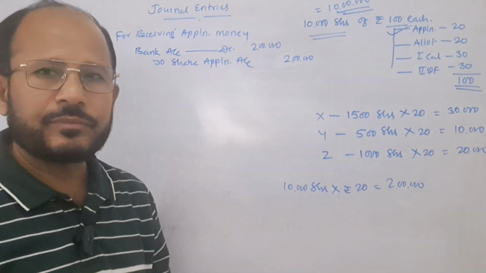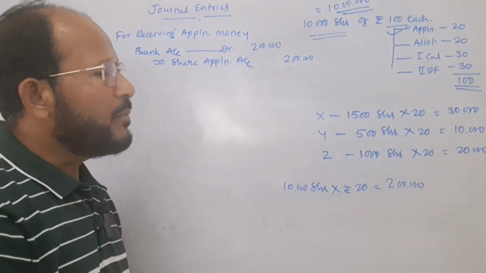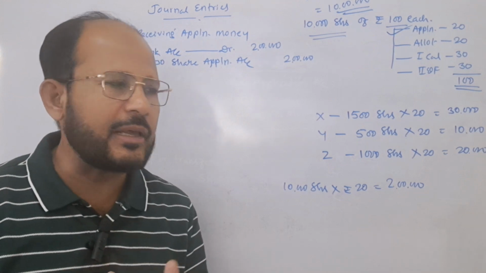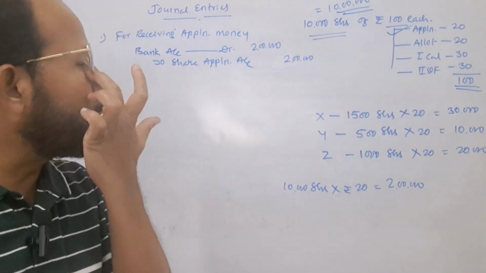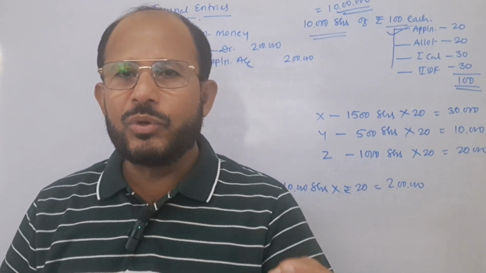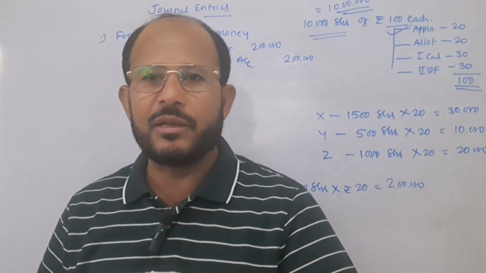Assume that if excess application money is collected, in that case, what will the company do? The company will return the excess application money to those applicants whose applications are rejected.